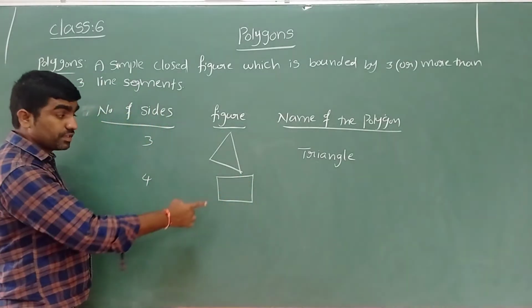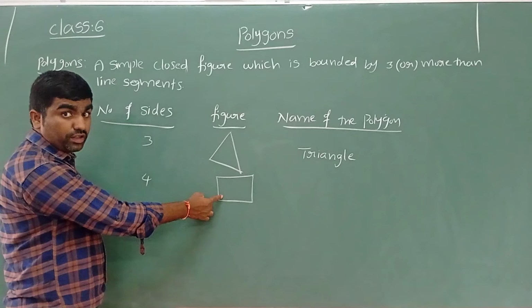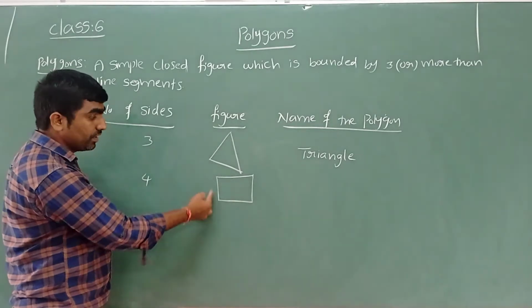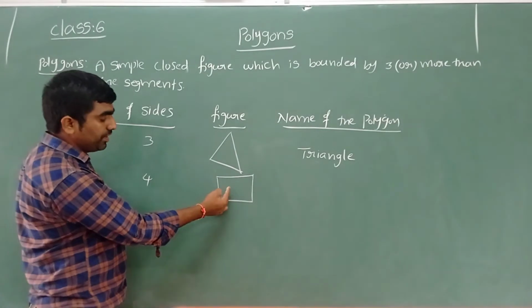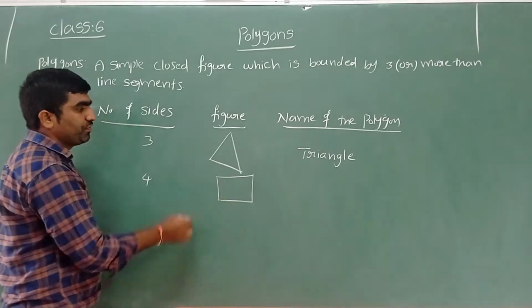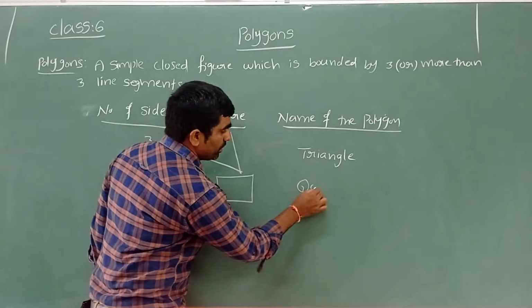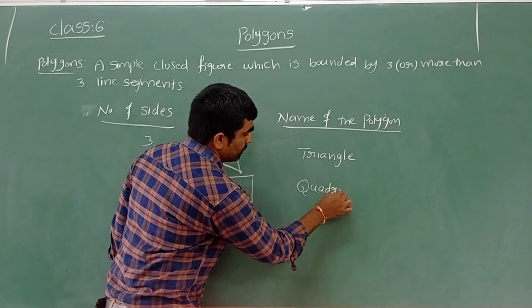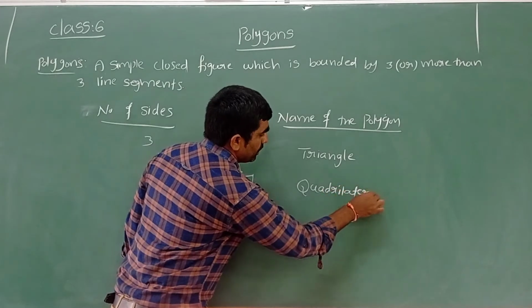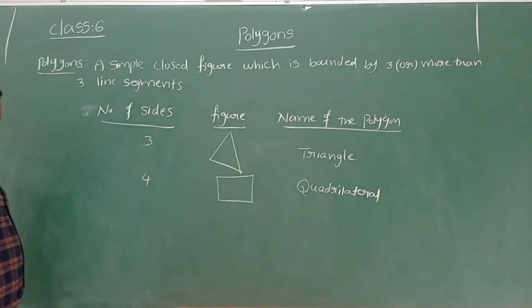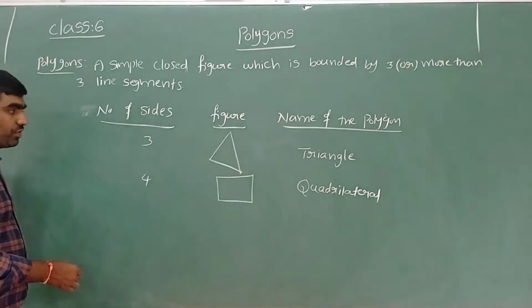It has four sides and it is also a simple closed figure. Lines are not crossing anywhere. It is a simple closed figure bounded by four sides, which is called a quadrilateral. Quadrilateral means quad is four, lateral means sides, four sides.